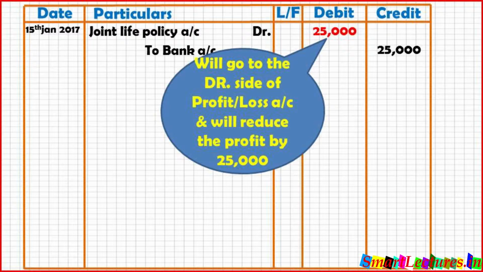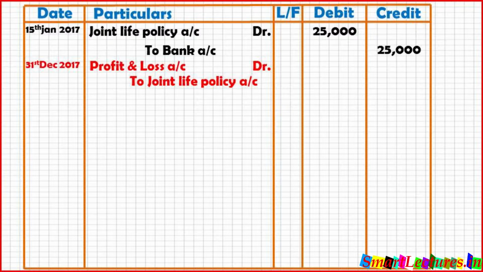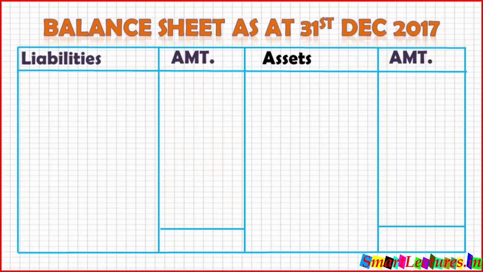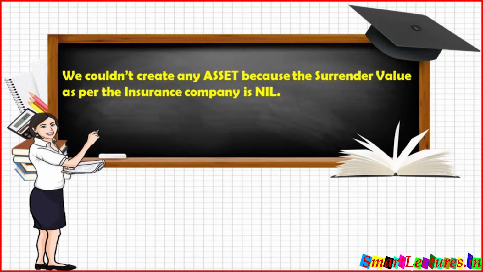And the journal entry, joint life policy account debit to bank 25,000, we have already passed, and on closing, the journal entry will be profit and loss account debit to joint life policy account. And in the balance sheet as on 31st December 2017, it will be 0 because there is no surrender value of the joint life policy today. It means we couldn't create any asset because the surrender value as per the insurance company is nil.